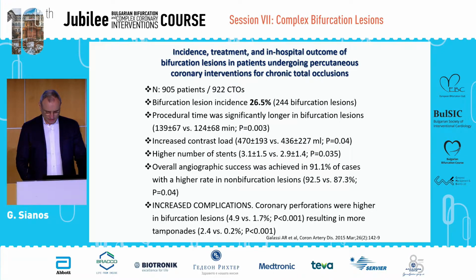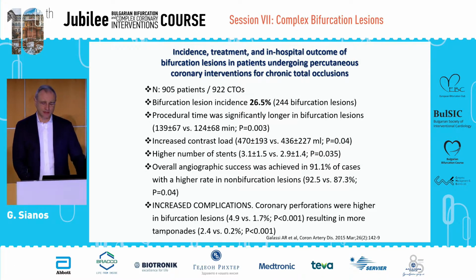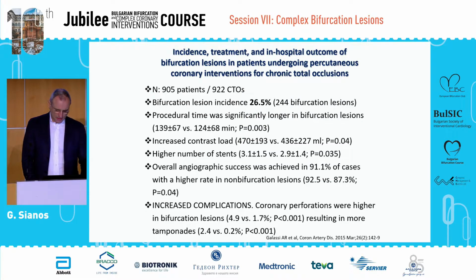What we know is that CTOs have a complexity, but when it's a bifurcation CTO, complexity is increasing, and that is reflected by the procedural time, which is significantly longer in bifurcation CTOs, more contrast, of course, and a higher number of stents. Surprisingly, in this study that has been published, the success rate was high, actually higher compared to non-bifurcation lesions.